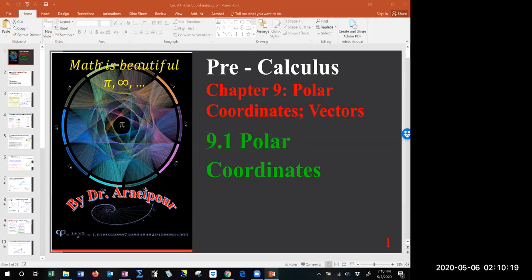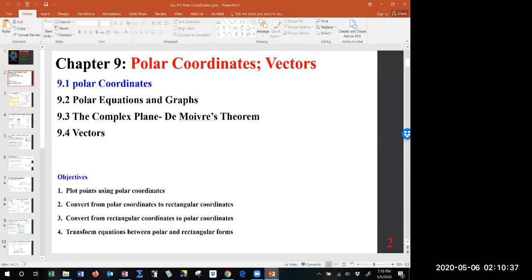All right, class, we are looking at Chapter 9, Polar Coordinates, Vectors. The first section is about polar coordinates. So, what are we going to cover in this chapter? We're going to look at polar coordinates, polar equations and graphs, the complex plane, De Moivre's theorem, and vectors.